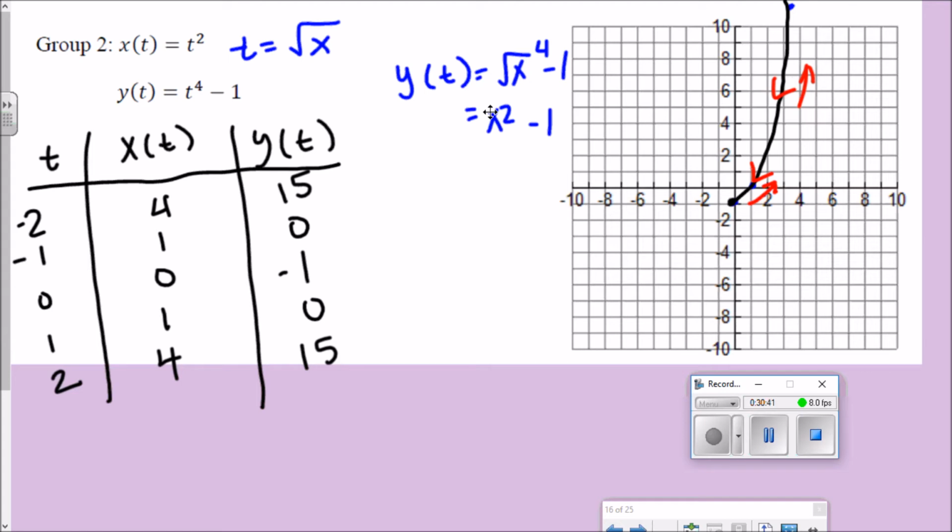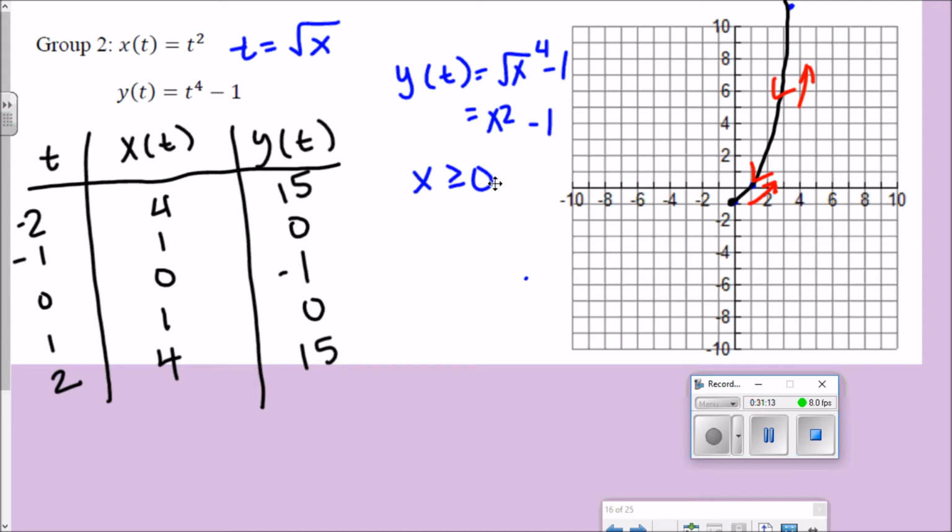And again, notice, this is not that whole function, right? You guys should know what x squared minus 1 looks like. This is not the whole function. So when you write it out, you also have to say, hey, its domain is whatever this function's range is. If you know x of t's range, you know your new domain. So I'm going to say x is greater than or equal to 0. Okay, that's one way to do it.